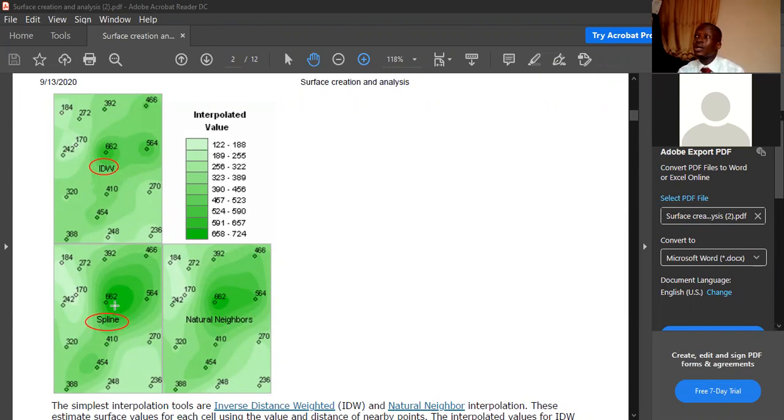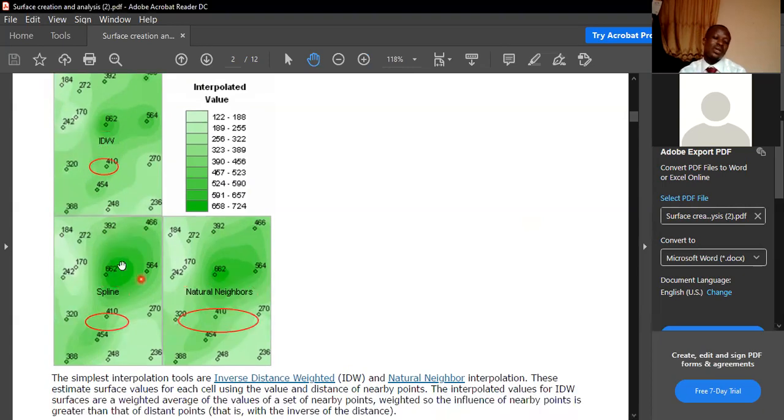Most of the time when you're modeling, that's what you do: you try to formulate and find out whether there's a relationship. So the spline does the same thing. Then we have the nearest neighbors, which also interpolates, taking into consideration the nearest neighbor. So that is basically it for interpolation.